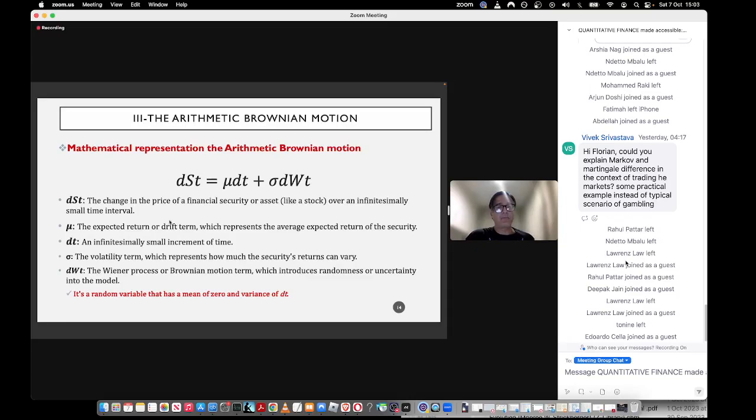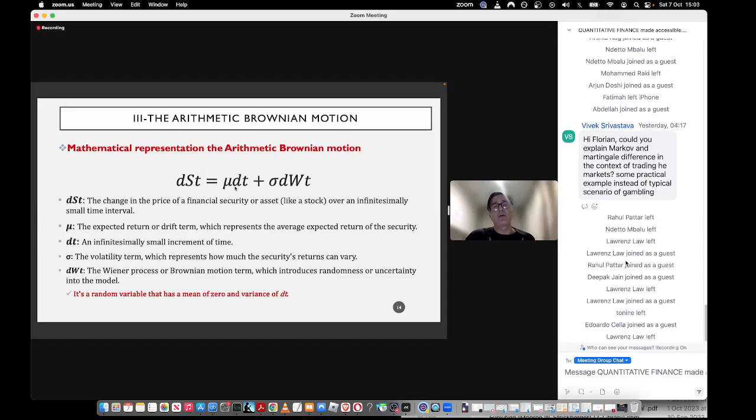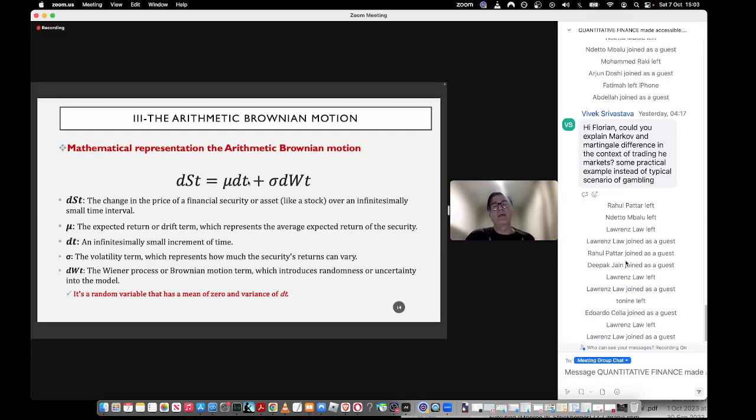So again, the price change over a very small interval depends on the drift, the deterministic term, the mu term, which is the expected return of your price over a very small interval, plus the random part, which is the volatility, constant, multiplied by the Brownian motion process.